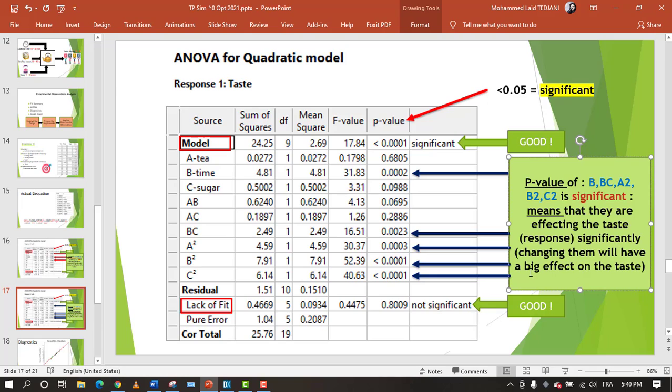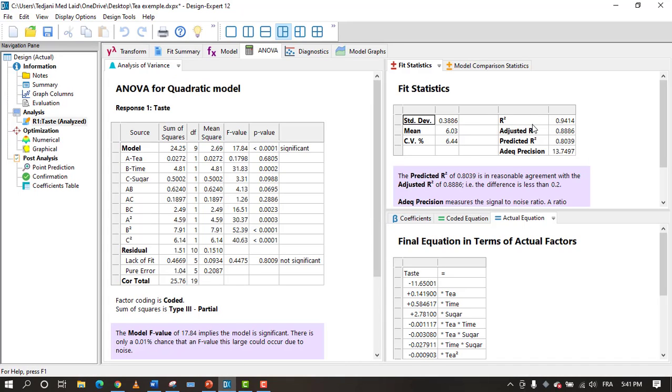Changing them will have a big effect on the taste. Changing them or varying their levels will affect the response significantly. Now let's see these values. We have here fit statistics.